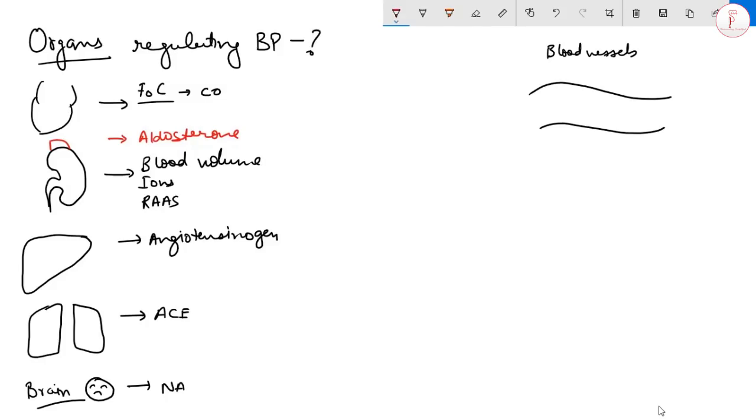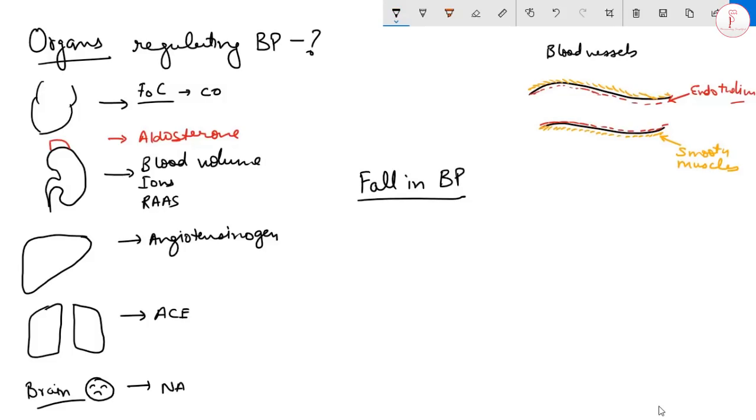Along with this, blood vessels also play a very important role in regulating the blood pressure. Blood vessels are lined with a single layer of cells called endothelium, and they have smooth muscle cells referred to as VSMC, vascular smooth muscle cells. The endothelium can change the caliber of the blood vessel by contracting or relaxing the smooth muscles.